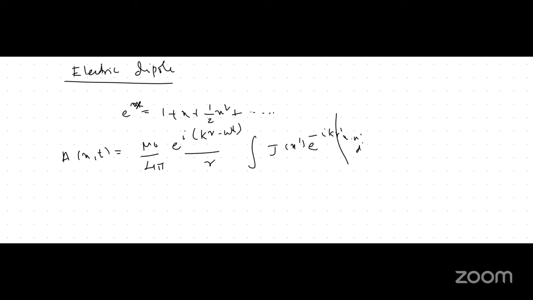In the right-hand side, whichever exponential term e to the power of minus ik we have, we are going to expand using this equation.